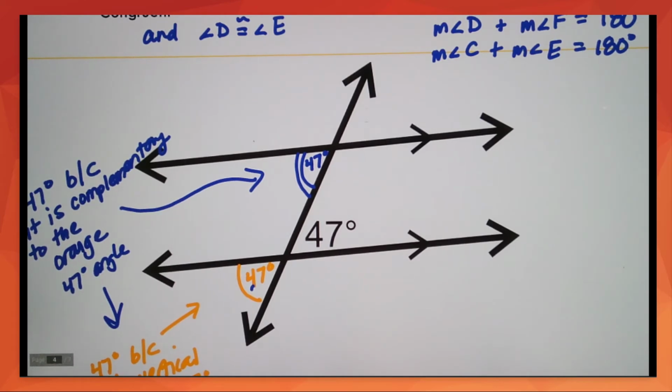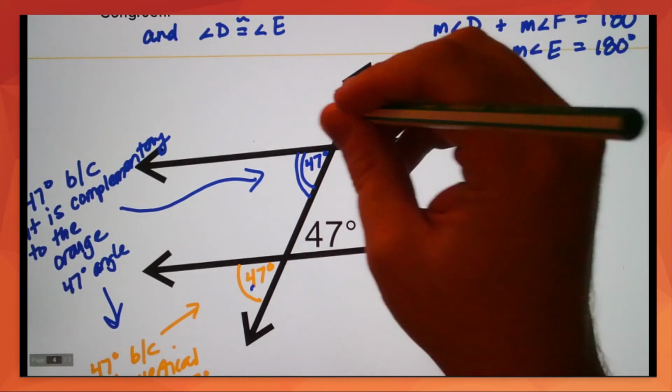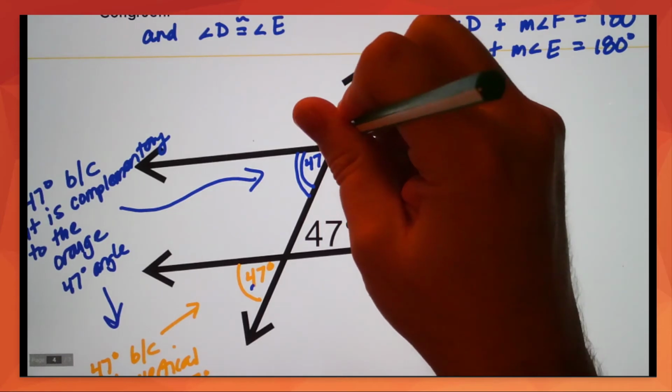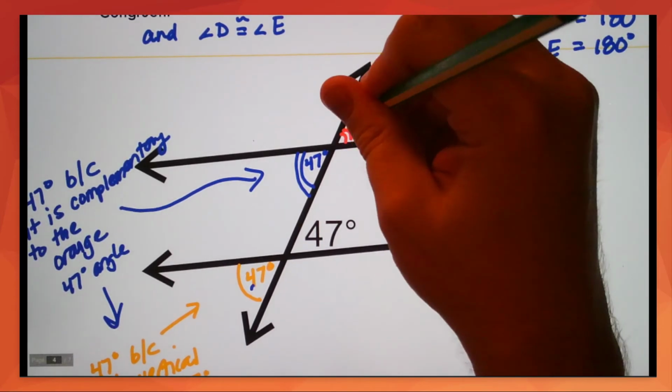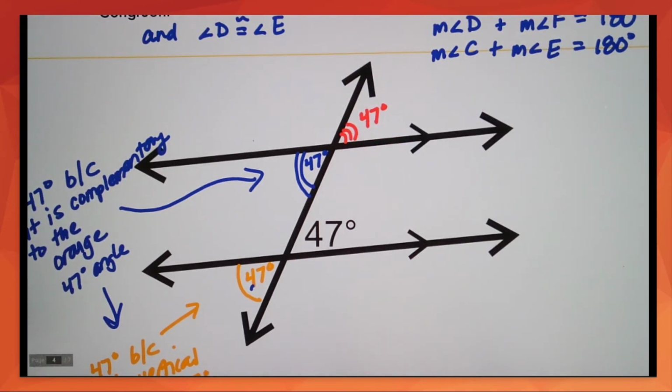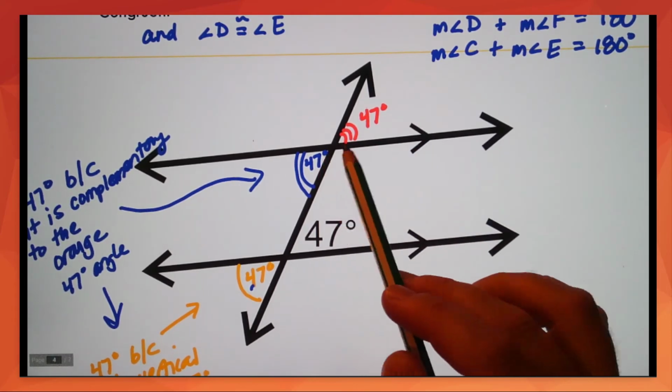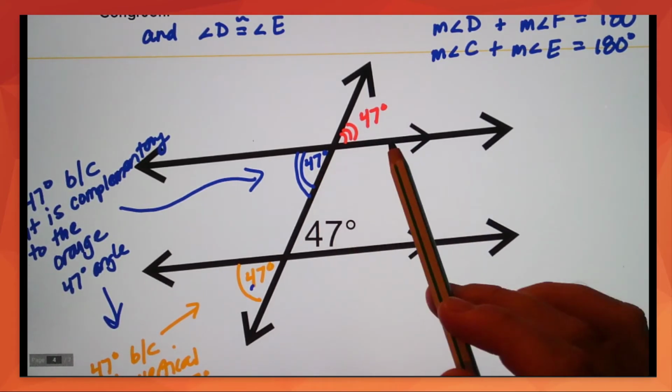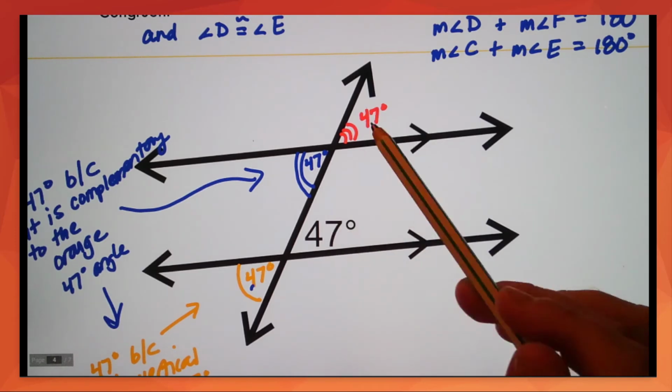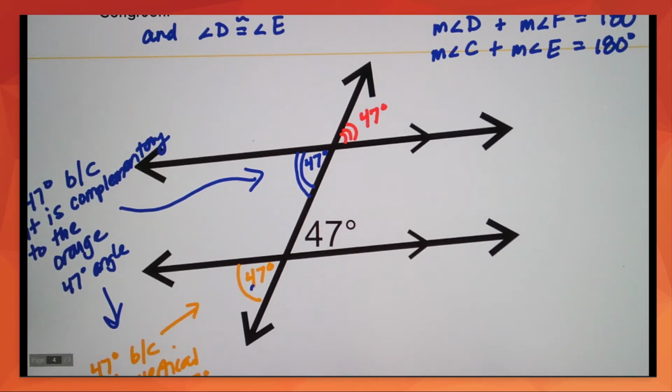Something else I know to be true here, and we'll do this in red, is that this angle right here is going to be also 47 degrees. There's two reasons. One, these are vertical, okay? So they have to be congruent. And then these two are corresponding, so they'd have to be the same measurement. They have to be 47, or they have to be congruent.